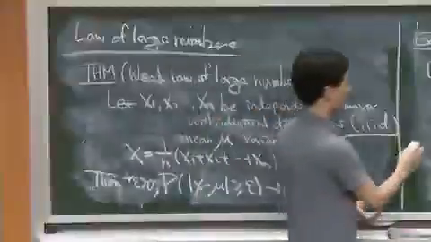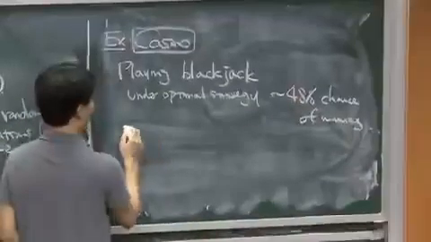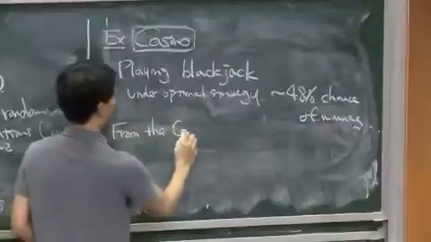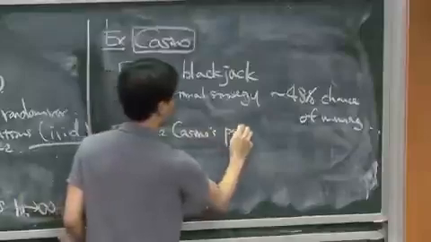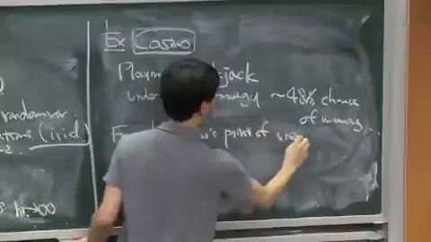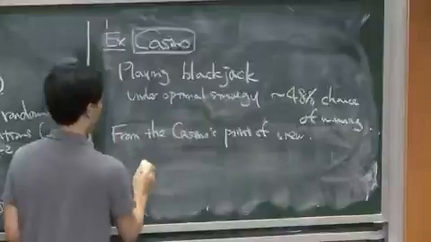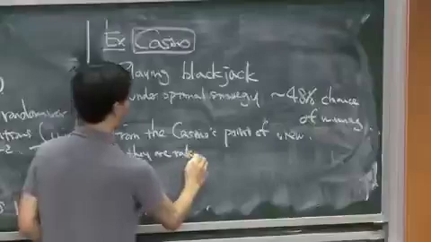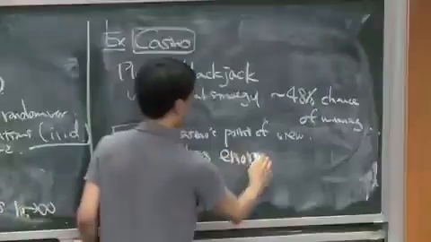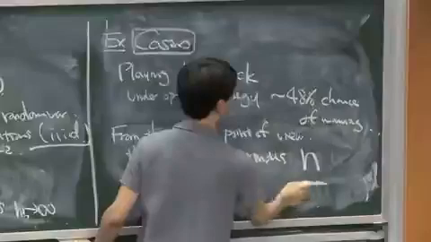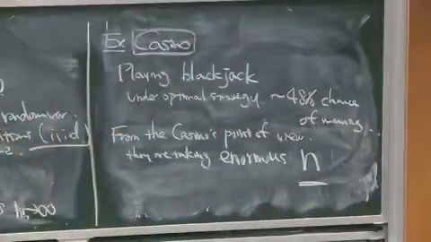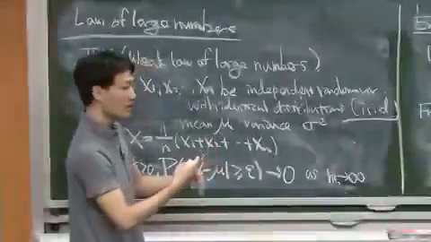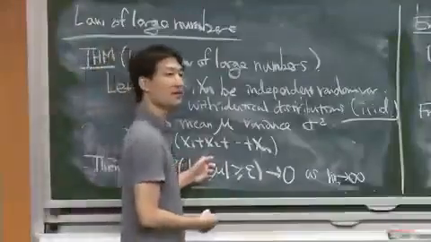So for each round, from the casino's point of view, they are taking an enormous value of N. That means as long as they have the slightest advantage, they'll be winning money, and a huge amount of money.